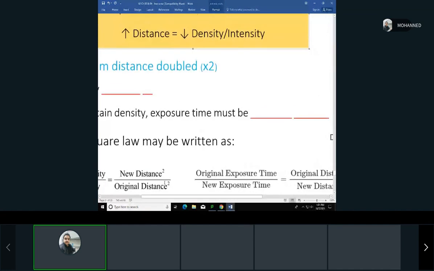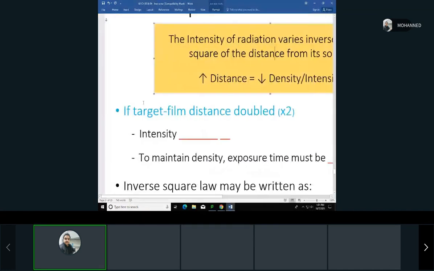So when we look here, if the target-film distance, the anode and film distance, is doubled, by 2, the intensity decreases or increases? Decreases by 4. If it's doubled, then this will be the square of 2, which is 4.